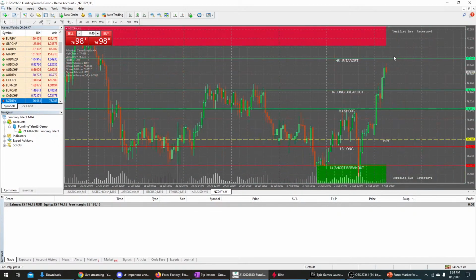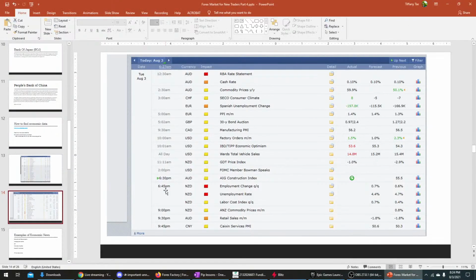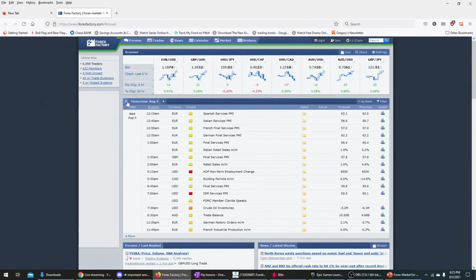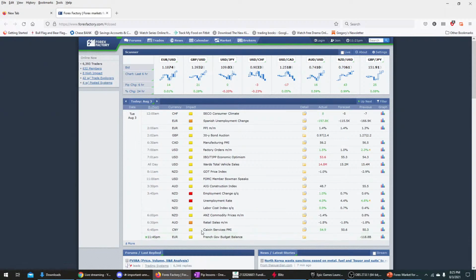It looks like the report was really good, because that spike right there happened on really important news. This is for today's unemployment rate for the New Zealand dollar, and that was really good news. Let's go back to Forex Factory and check the unemployment rate.